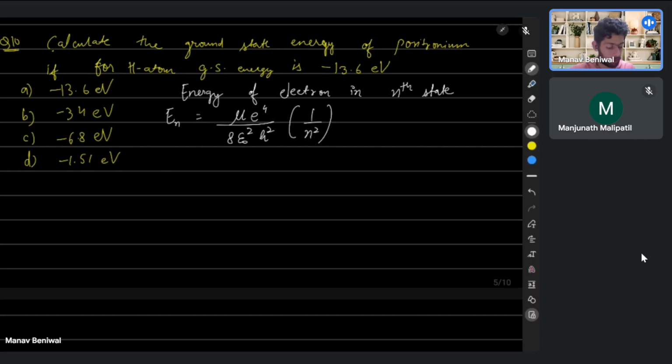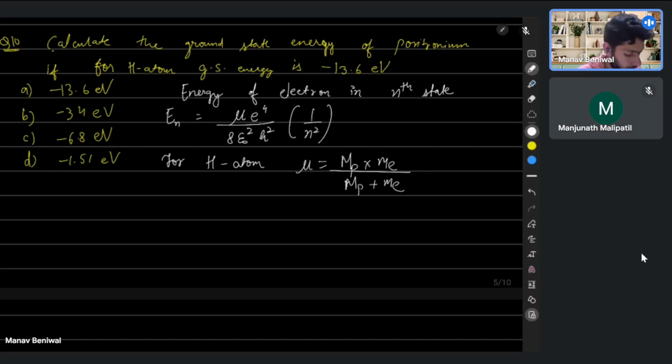For the H atom, mu is mass of proton times mass of electron upon mass of proton plus mass of electron.